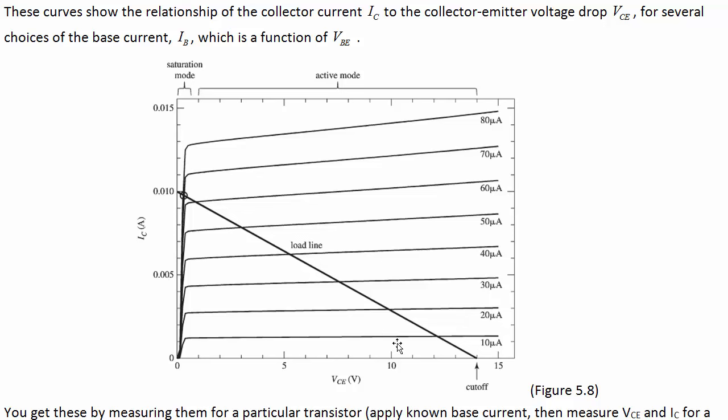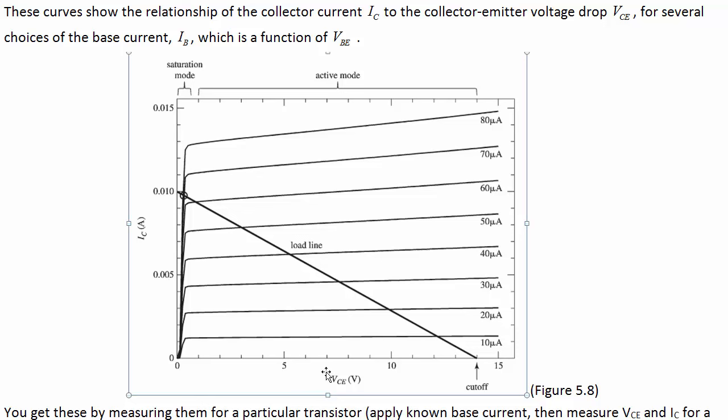So as we try to increase the base voltage, we increase the base current, and increasing the base current makes us move to a new curve in the background's intersection with the load line. So you see we kind of jump down and keep getting less collector emitter voltage, because as we have more current going through there, we'd have more of a voltage drop across that collector resistor. So we start moving up and up and up to the left until we reach the saturation mode.